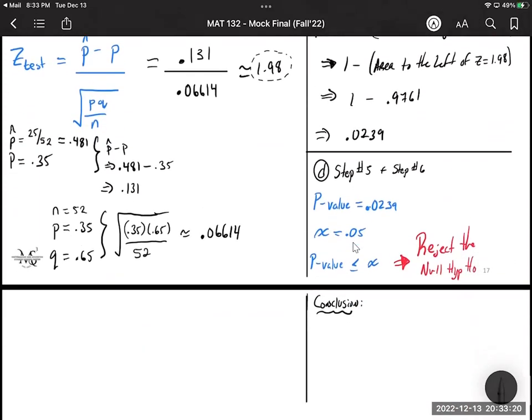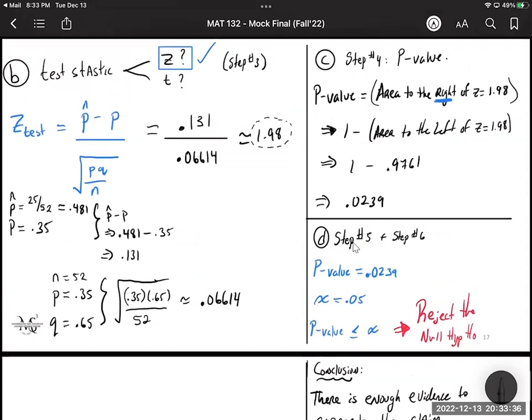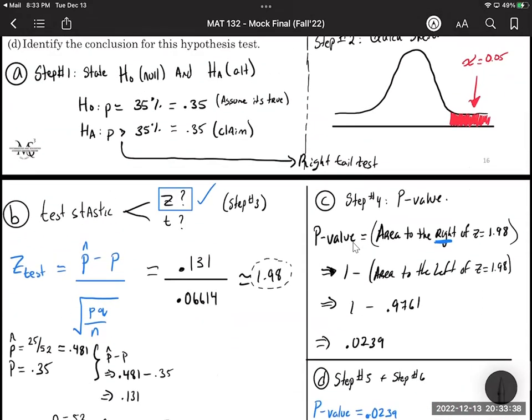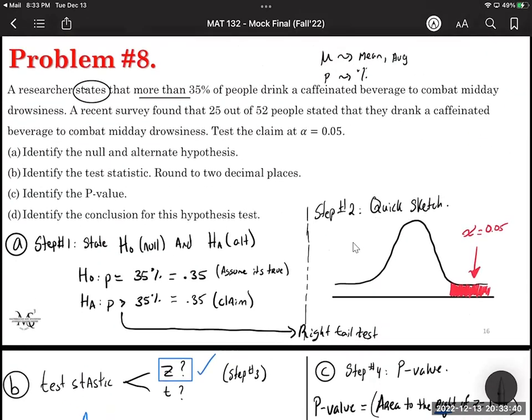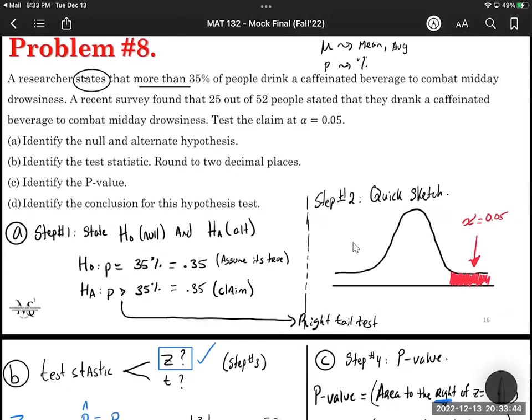So for your conclusion, you say that there is enough evidence to support the claim, the original claim. And that claim was that the proportion of people drinking caffeine is greater than 0.35.